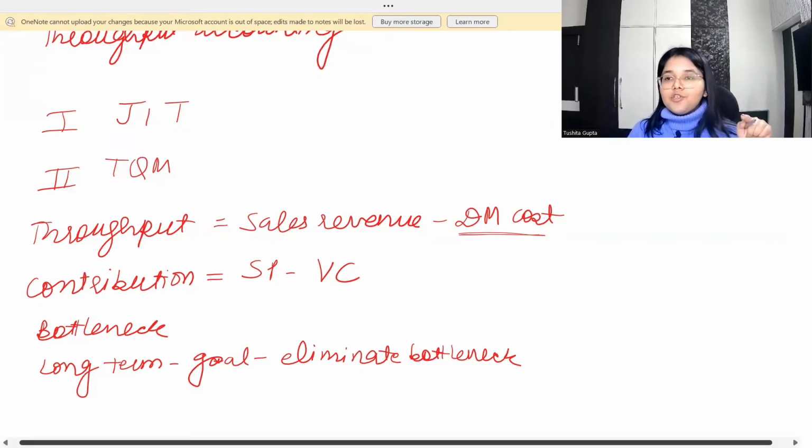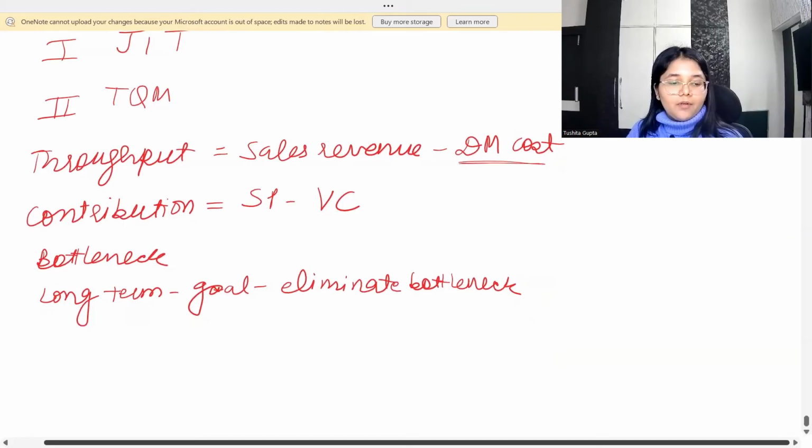Then the second assumption that we have in throughput accounting is that the direct labor costs are not variable in the short run. So many employees are salaried, and even if they are paid at a rate per unit, they are usually guaranteed a minimum weekly wage. So that is why the direct labor costs are considered fixed in the short run.